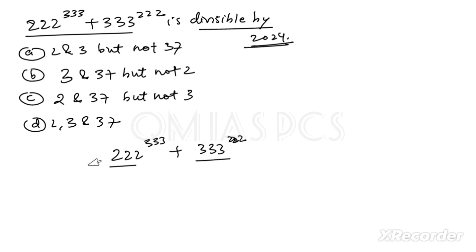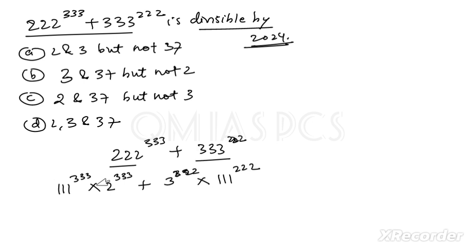Here we can write 111 power 333 multiplied by 2 power 333, plus 3 power 222 multiplied by 111 power 222.